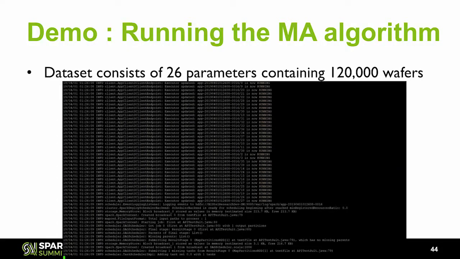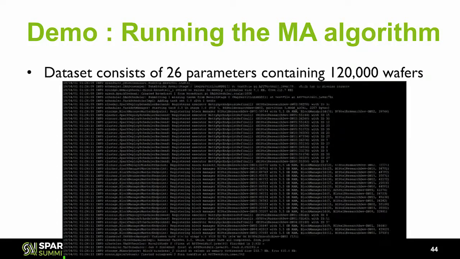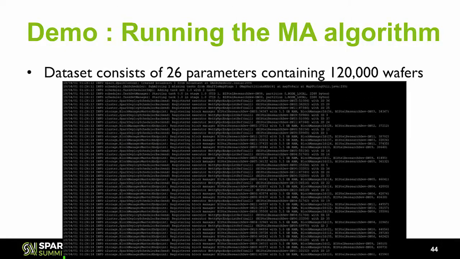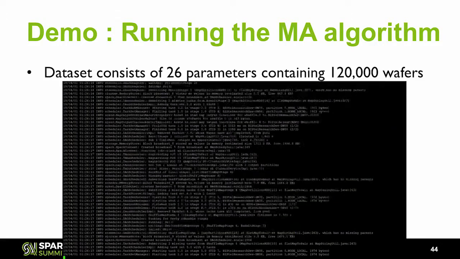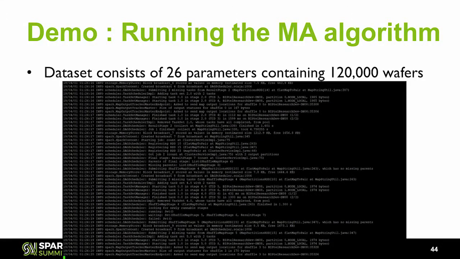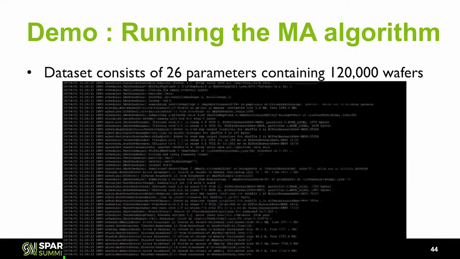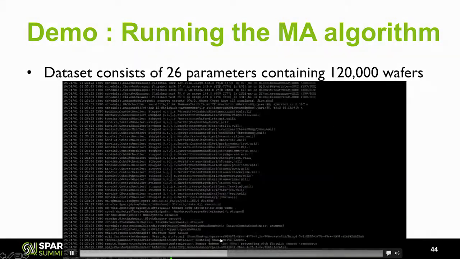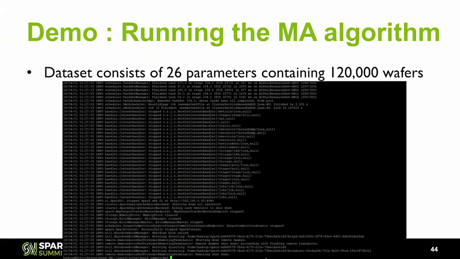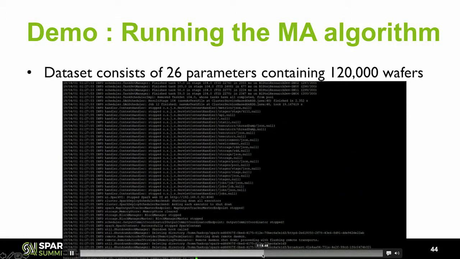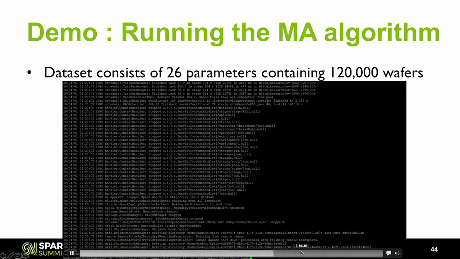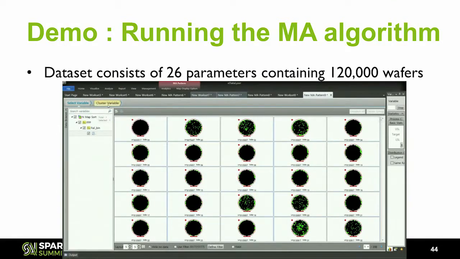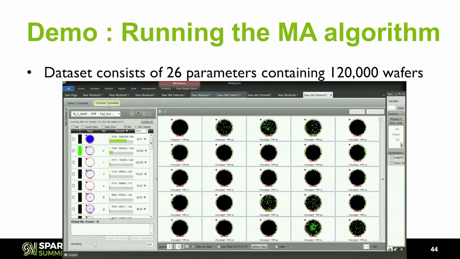And also, same as TA, we store the result in the HDFS file system, and we can import the result into eDatalyzer to visualize it. So this is the MA result from eDatalyzer.